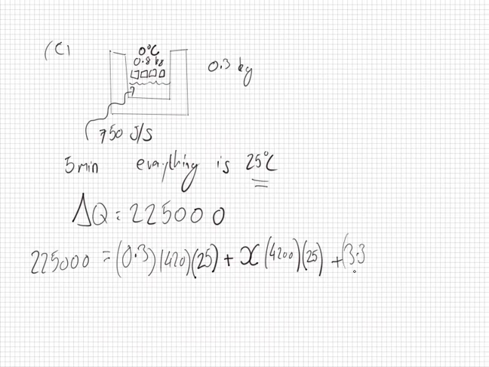But do we know the mass of the ice? No, we don't. But what's the mass of the water and the ice? 0.8. And what's the mass of the water? I called it X. So what would be the mass of the ice then? 0.8 minus X. Good.